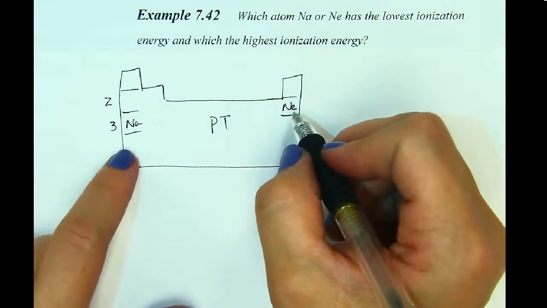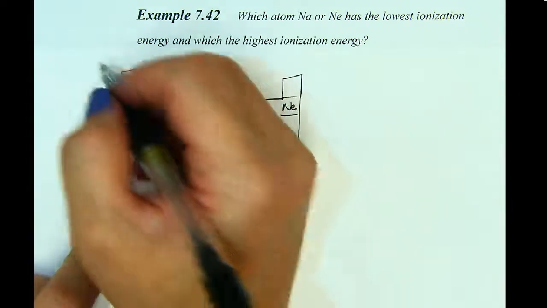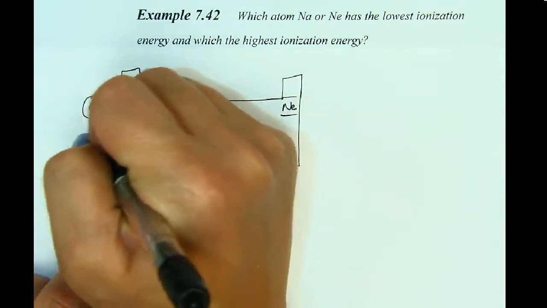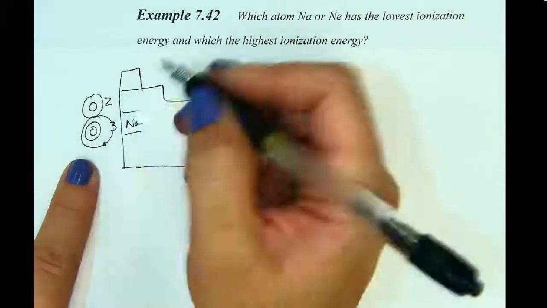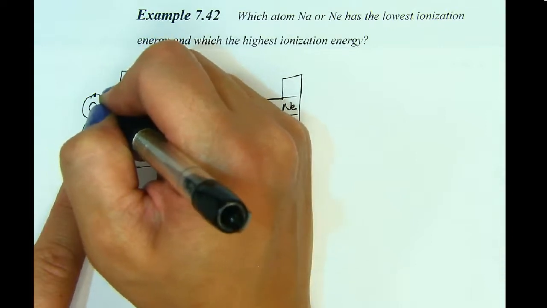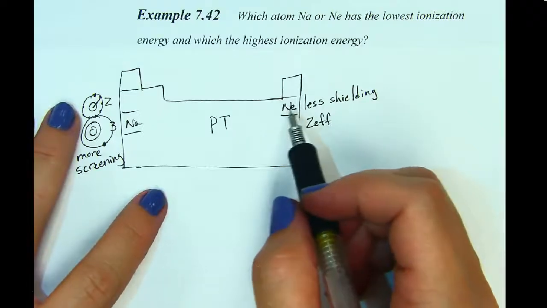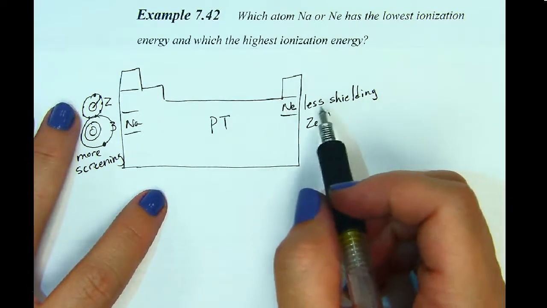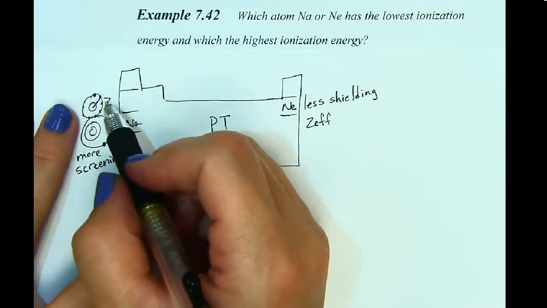So what happens when you move from the end of period 2 to period 3? Well, you get more energy levels, for starters, so the electrons in sodium are on the outside energy level, whereas for neon, the electrons are on this energy level here. Because neon has less shielding, it's going to require more energy to take one of these outer electrons.